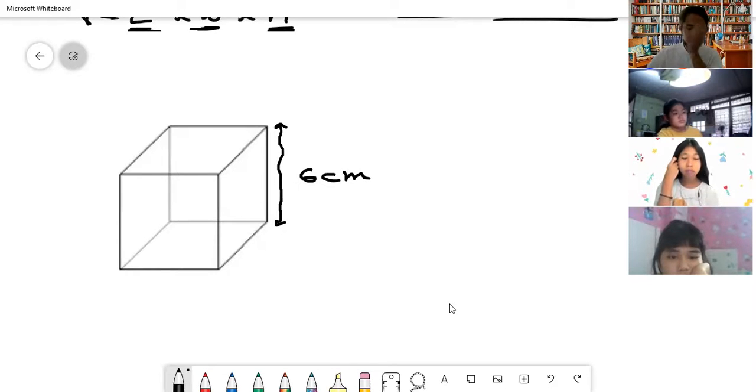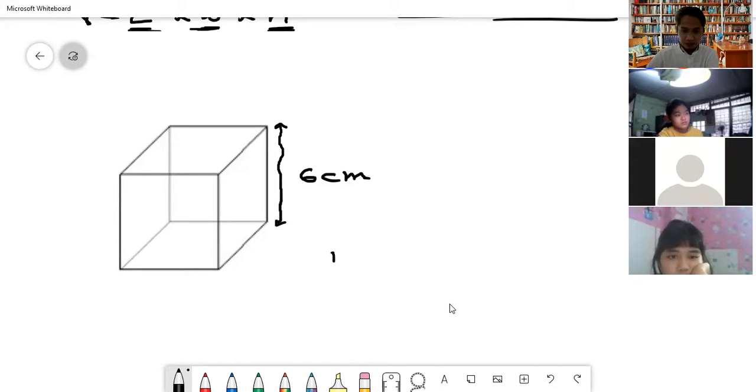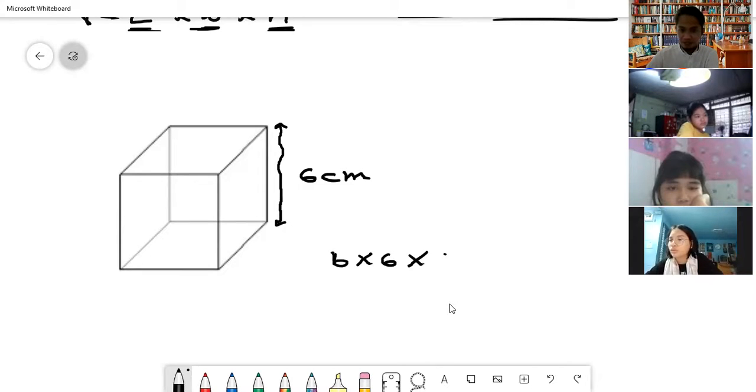Now, listen to me. Why is the volume of a cube 6 times 6 times 6? Because it is equal. How did you know that it is equal? It's a square. Very good. The face is a square.